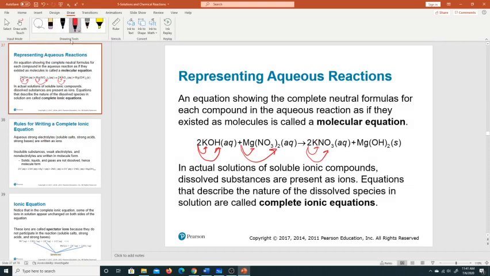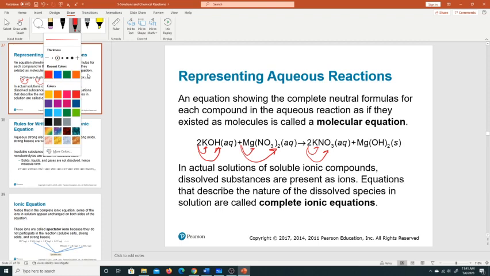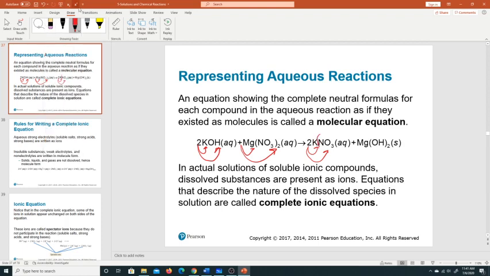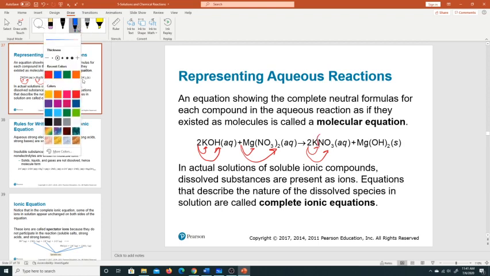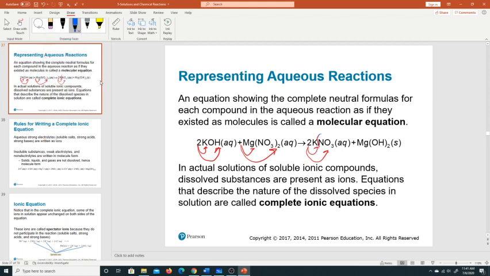You can group this NO3 here as one thing. So it's like saying 2 times 1. Likewise over here, it's like 2 times 1 OH. Now the solid magnesium hydroxide, we leave that alone.